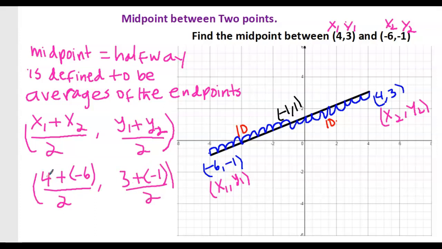That is 4 minus 6, because when positive and negative are added, the negative takes over, giving us -2 over 2. And then 3 minus 1 gives us 2 over 2. -2 divided by 2 gives us -1, and 2 divided by 2 gives us 1.